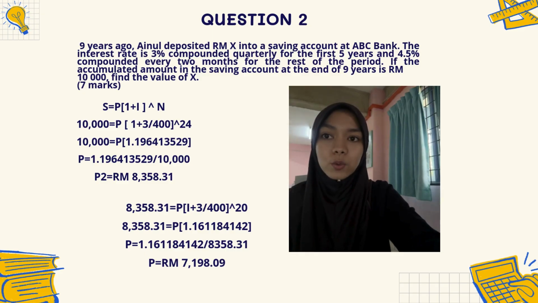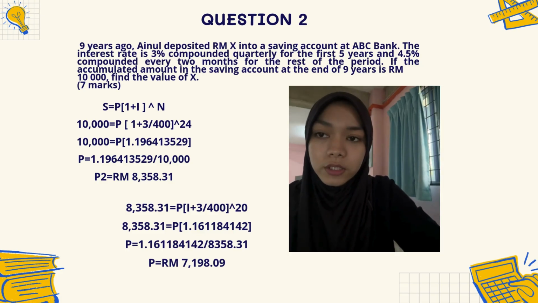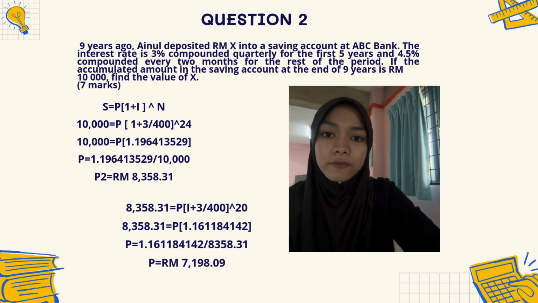We put it into the formula, which is 8,358.31 equals P (1 plus 3 over 400) the power of 20. So if we calculate, we get 1.1611844142. So 8,358.31 equals P (1.161184).